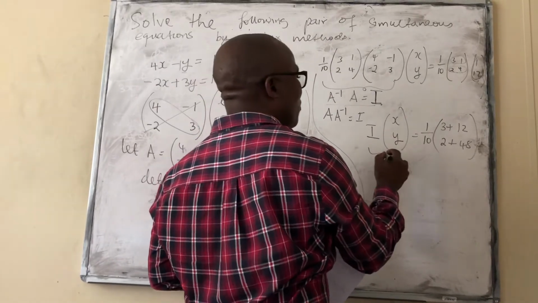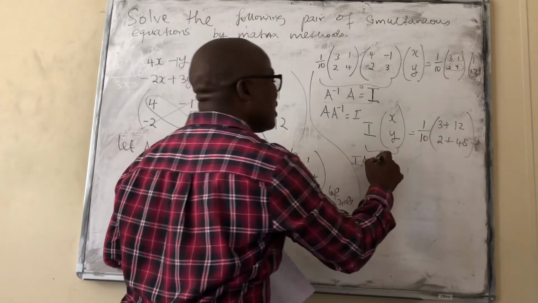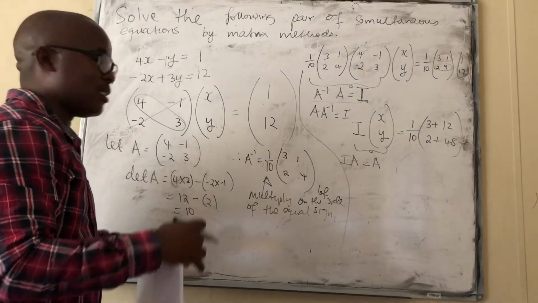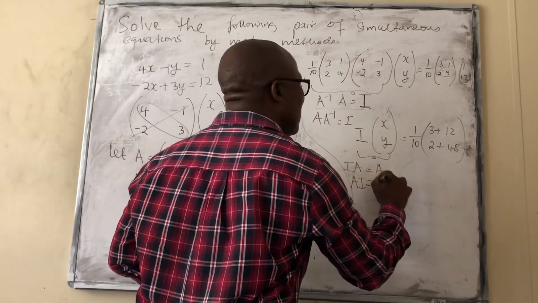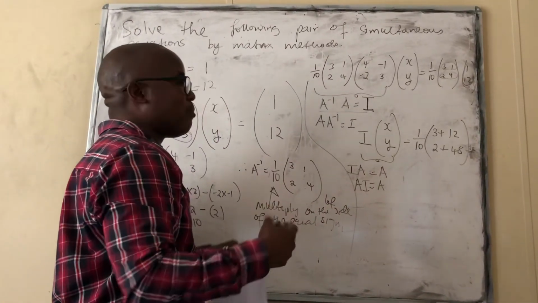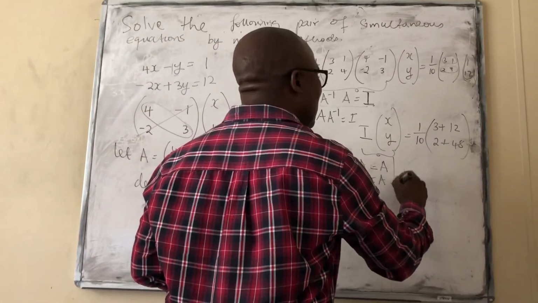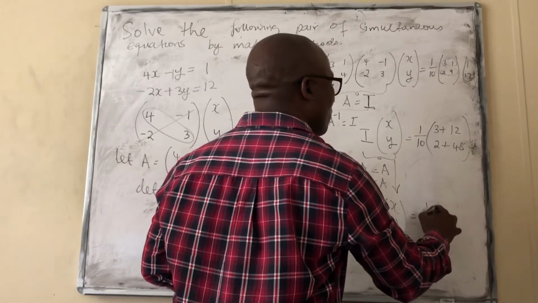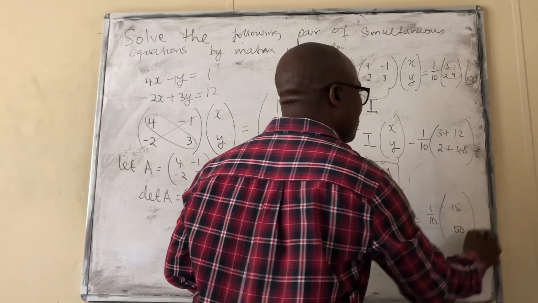When you multiply a matrix by the identity, it leaves that matrix unchanged. So this matrix here will be x, y equals 1/10 times 15, 50.